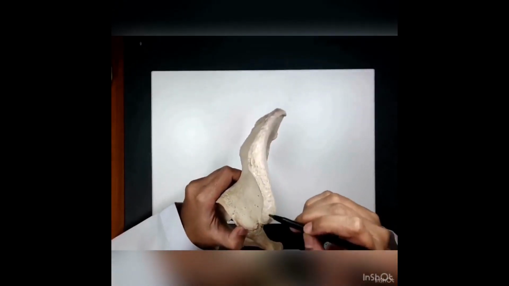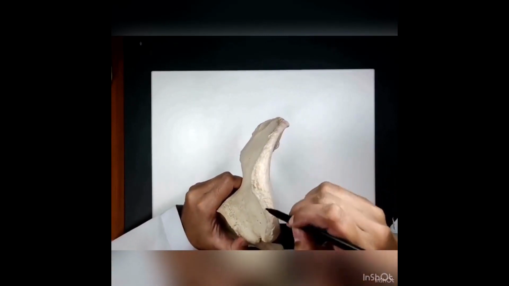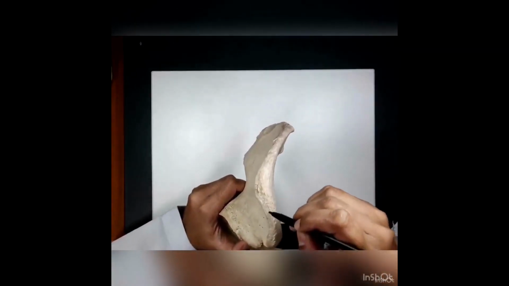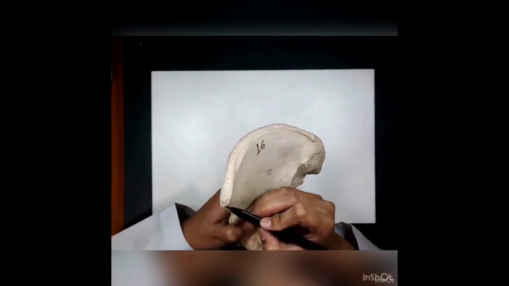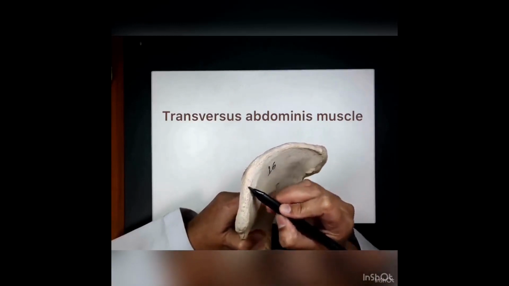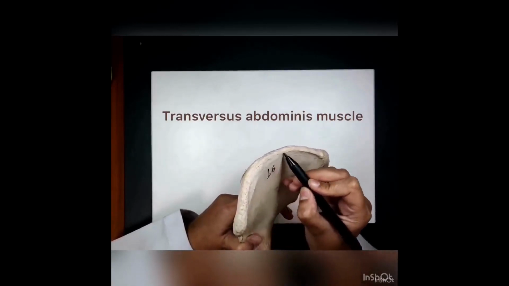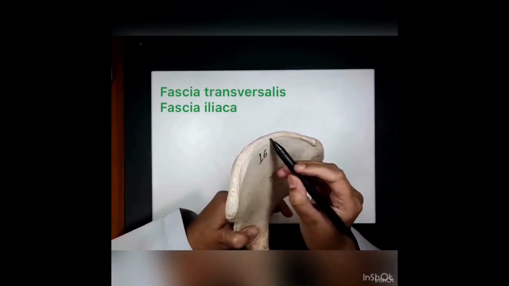On the intermediate area, on the whole extent, there is attachment of the internal oblique muscle. On the inner lip, on the anterior 2/3 part, there is attachment of transversus abdominis muscle along with two fascias, fascia transversalis and fascia iliaca.